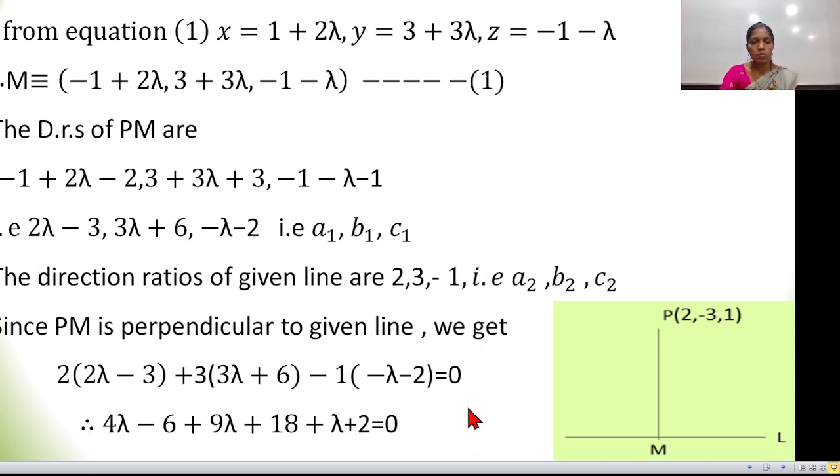After solving, the sum of the coefficients of lambda is 14 lambda, plus the constant term sum is 14, is equal to 0.